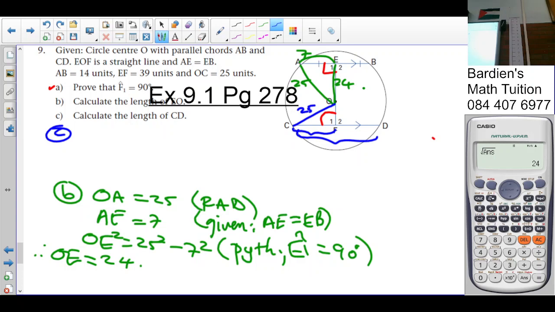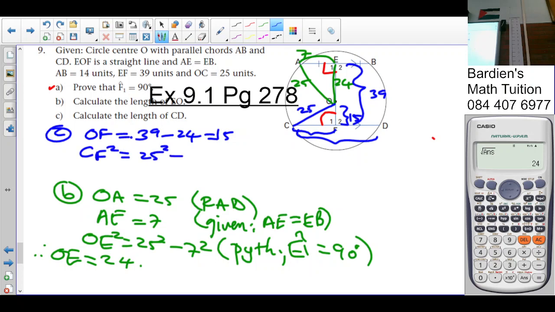How do we calculate OF? I'm going to calculate this length here. It's going to be 39 minus 24. Do I need a reason? No, it's to do with length. Then 39 minus 24 is 15. So how do I calculate CF? CF squared is equal to 25 squared minus 15 squared. The reason is Pythagoras with the angle F1 equals 90 degrees.